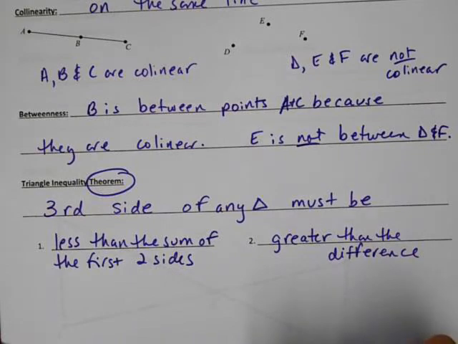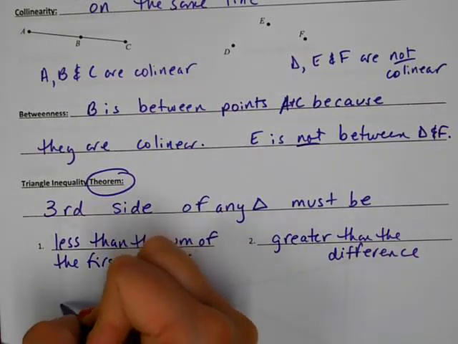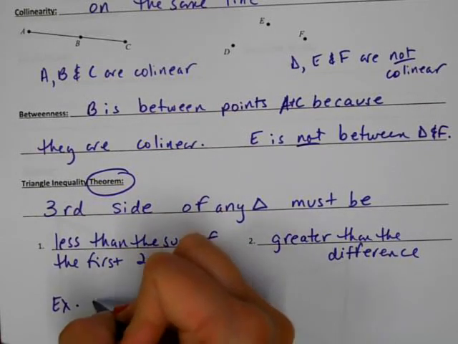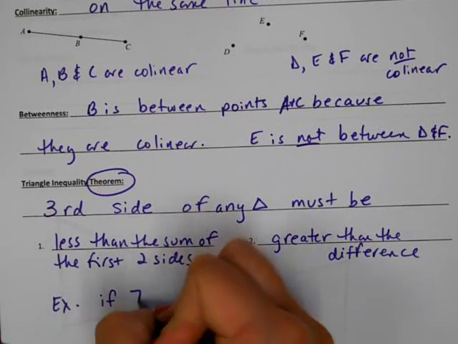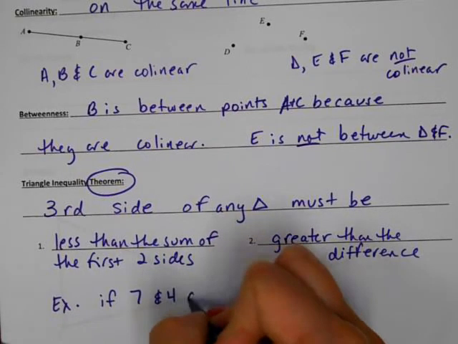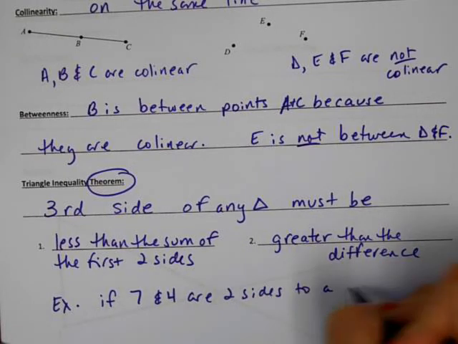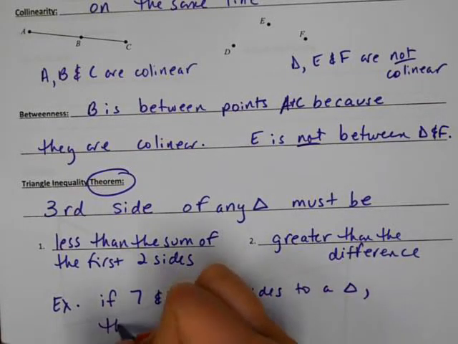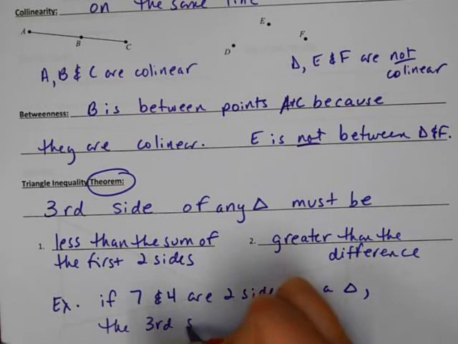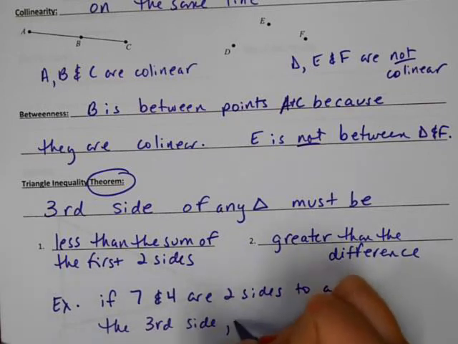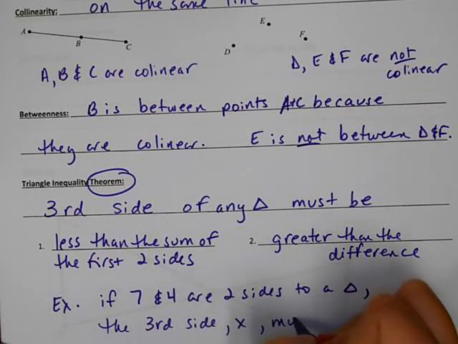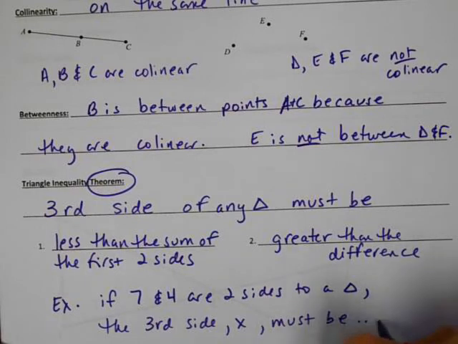So for example, if 7 and 4 are two sides to a triangle, the third side, we'll call it X, must be what?